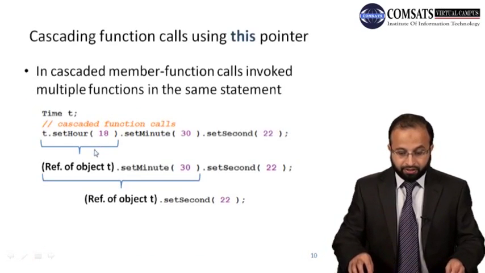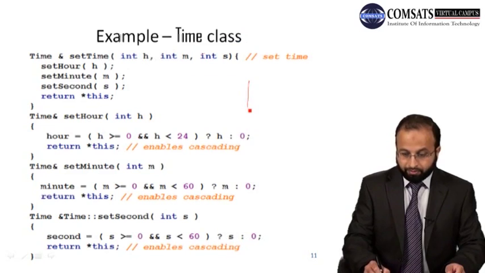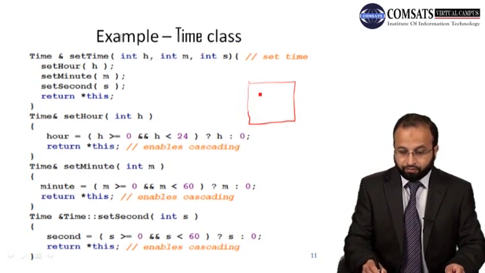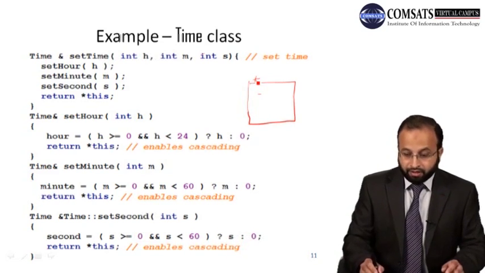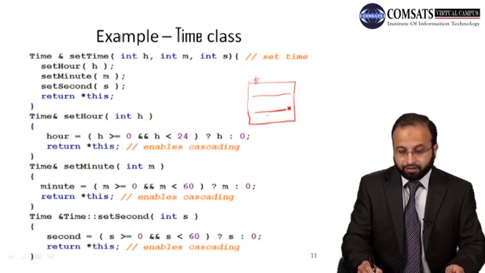Let me explain this. Let's say this is the memory that is allocated for the object t. I'm sorry for the writing. In this memory we have basically 3 parts. The first part is for, let's say, hours, then minutes, and then seconds, right?